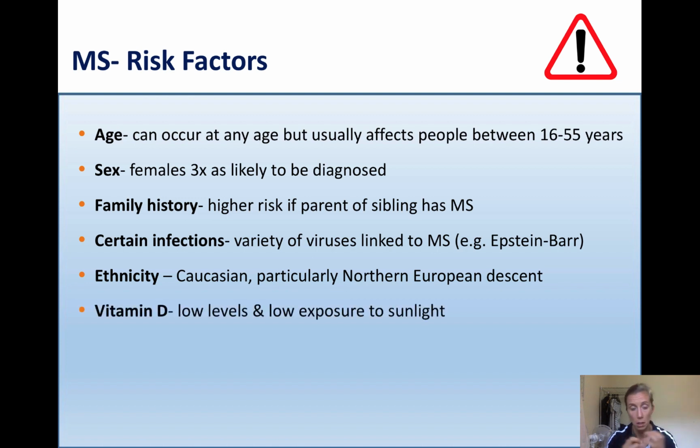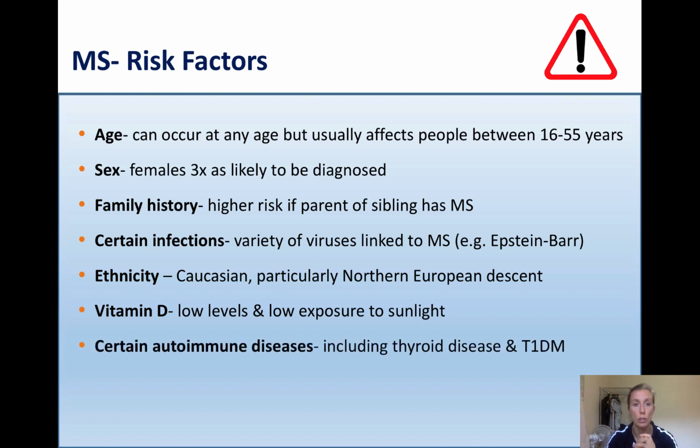Don't ask me why, the stats are showing us that's the case. Low vitamin D levels or low sunlight exposure are also known risk factors. Also certain autoimmune diseases, including thyroid disease and type 1 diabetes. And smokers are also more likely to develop MS.